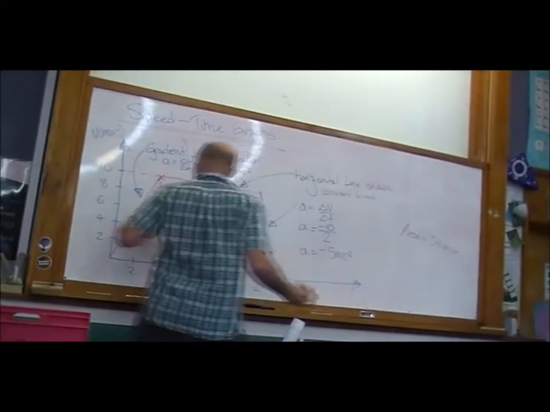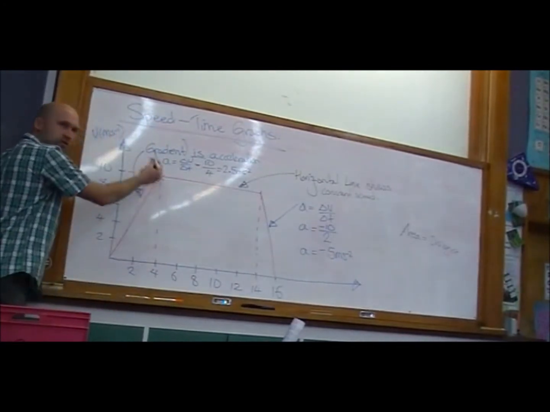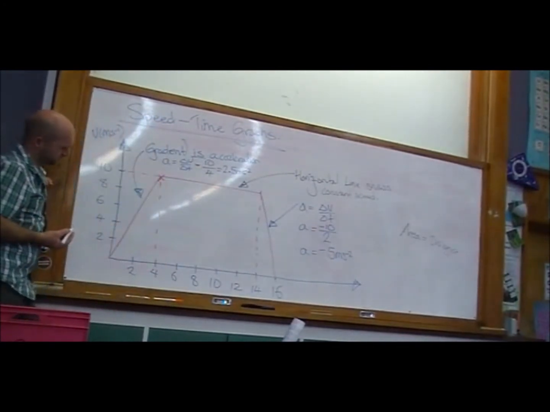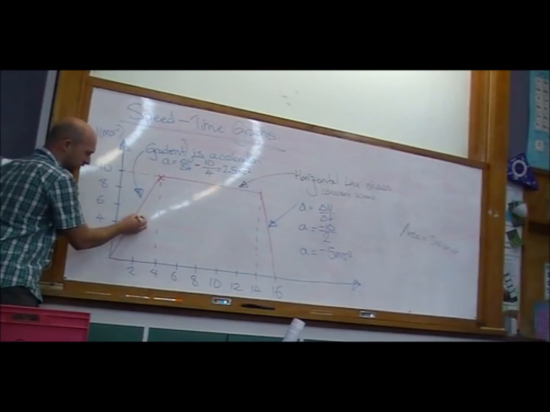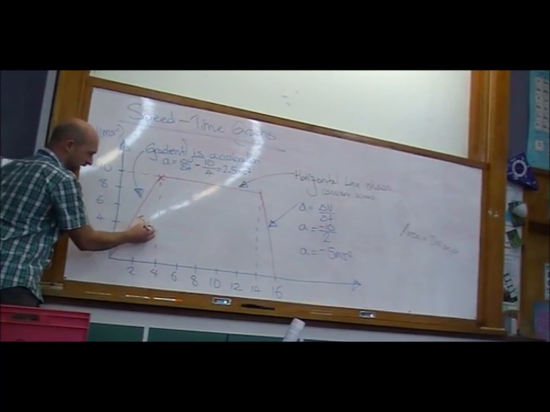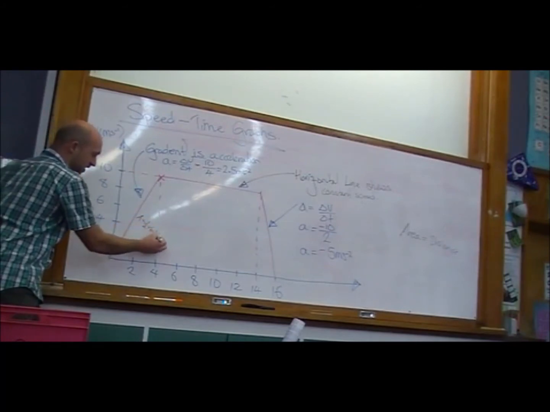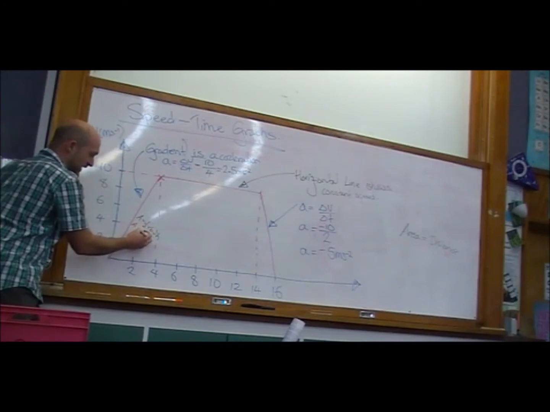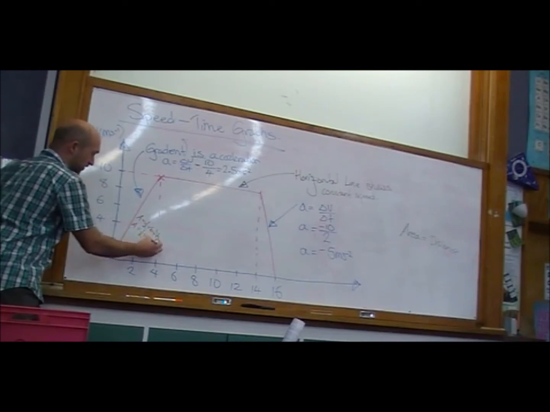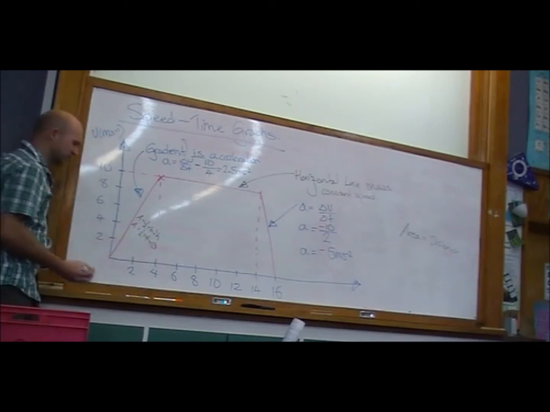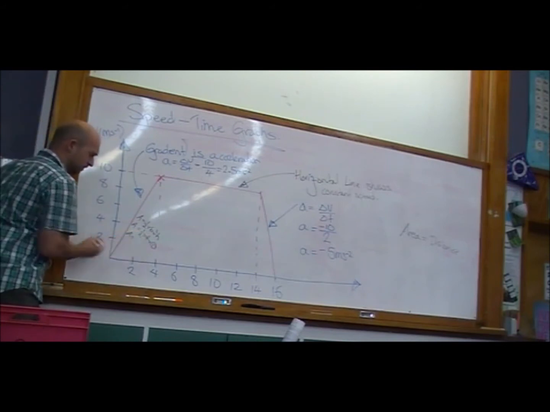And so if we look at this first area here, what shape have we got there? Triangle. So area is half times base times height. Area is half of 4 times 10. How much is that? 20.